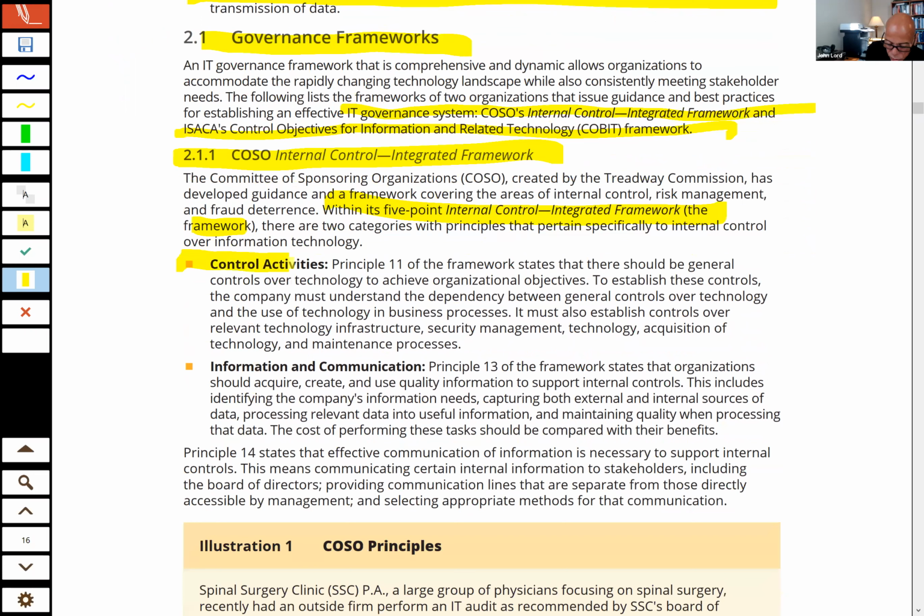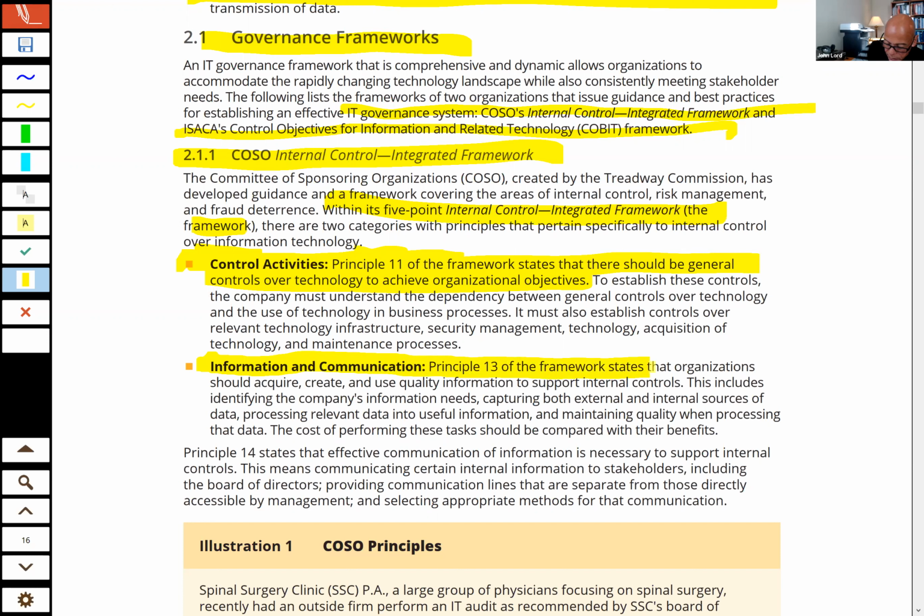Okay, so you have control activities, and control activity is one of the principles. Control activity, which is principle 11 of the framework, states that there should be general controls over technology. General controls are things like disaster recovery, etc. There should be information and communication.